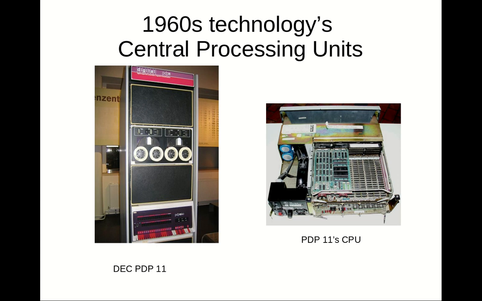You see here there are many integrated circuits on this board, basically logic gates like AND, OR, and so on. So all of these are arranged here in large arrays of integrated circuits. So this was in the 1960s a state-of-the-art computer.